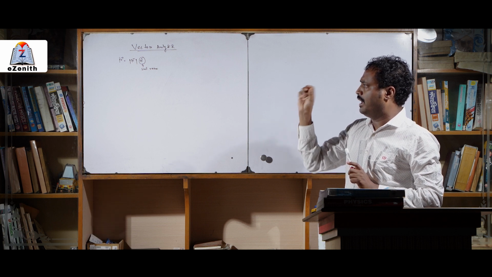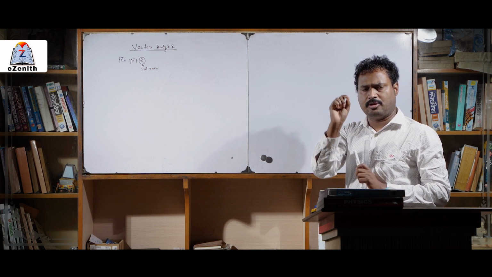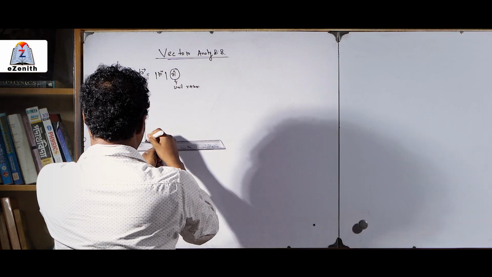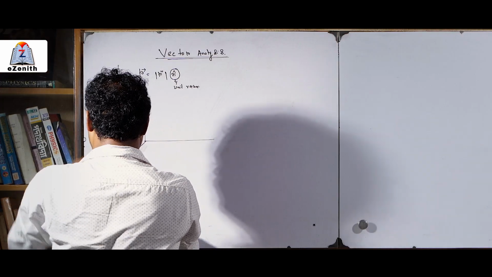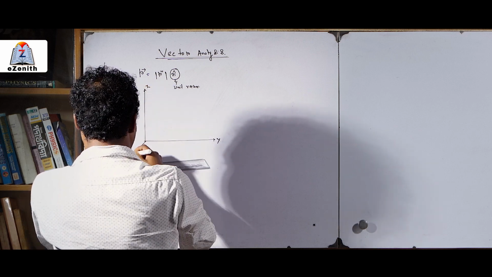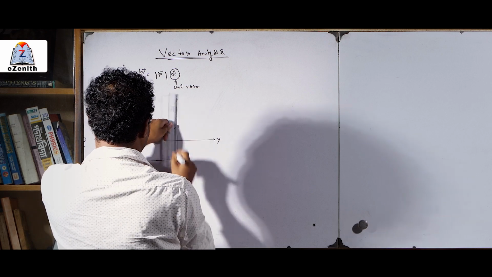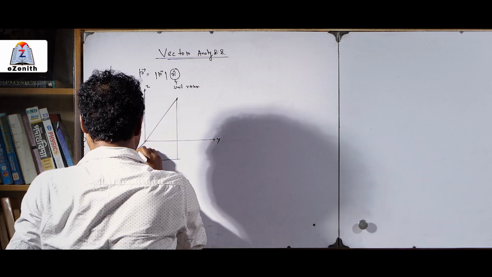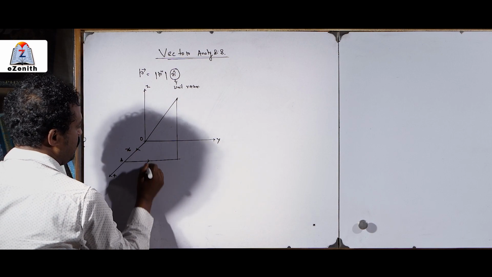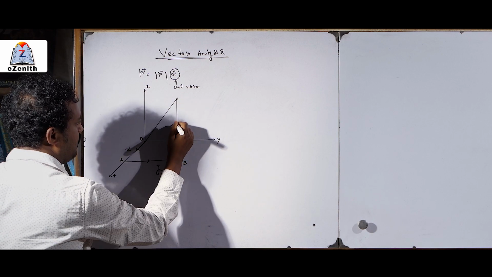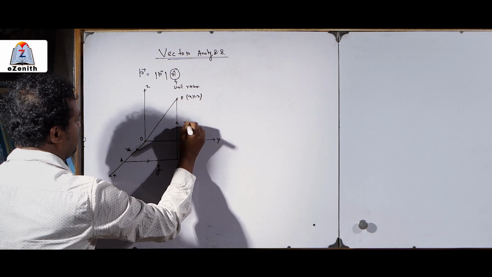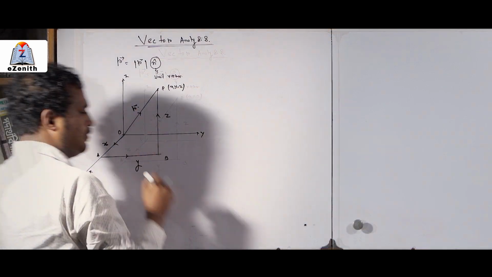if we have a point x, y, z, then very simple from our previous concept, we represent the vector in coordinate space like that. It is O to A, that is x, A to B, that is y, and B to the final point x, y, z, that is z, that is a vector.